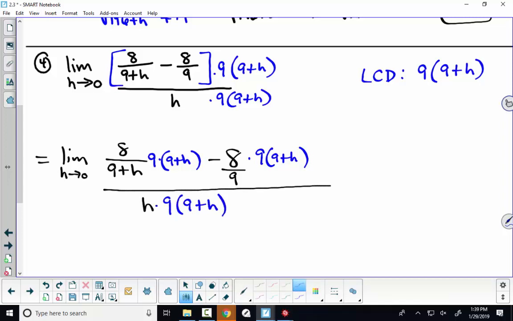So just distribute our LCD to both terms in the numerator. And then the smaller denominators that we had up top are going to go away now.